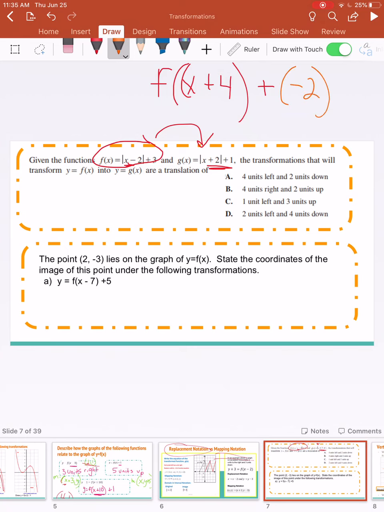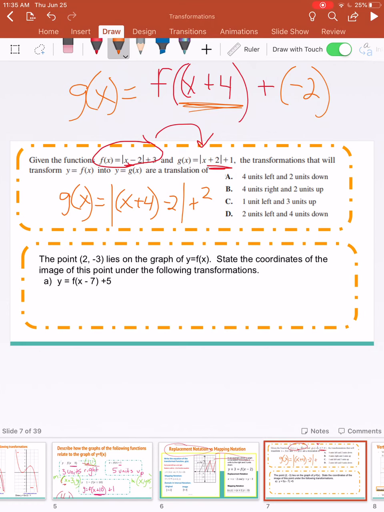Okay, so just to kind of show you that it does work, if you were to take this f function, in order to end up with our g function, this is my g function equals, we would take our f function, replace the x with x plus 4, sorry, and then tack on the negative 2.